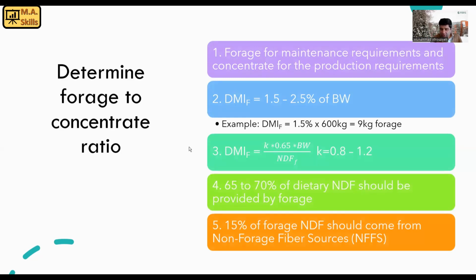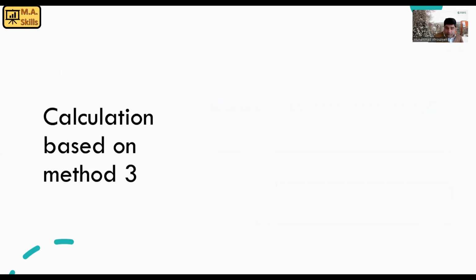But for this scenario, I'm going to choose the third method to determine the dry matter intake of forage. So based on the third method, I need to use this formula. The coefficient, I call it K, you can call it whatever you want, times 0.65 times body weight divided by NDF of forage.